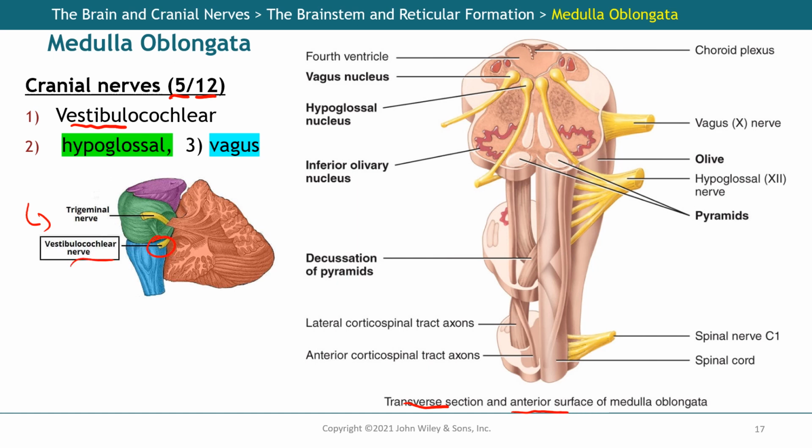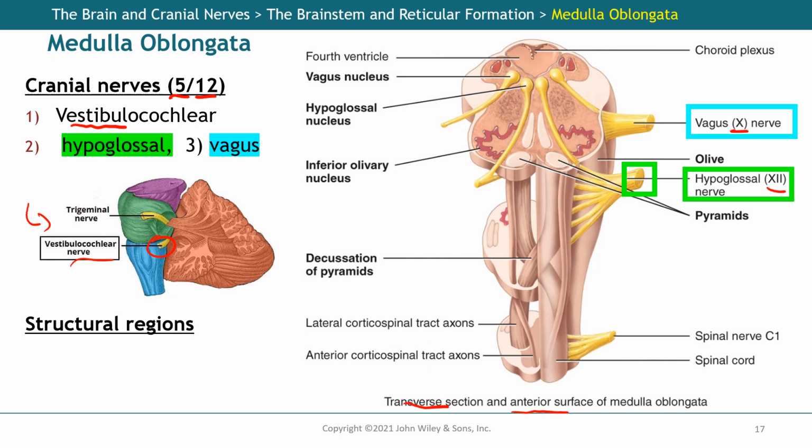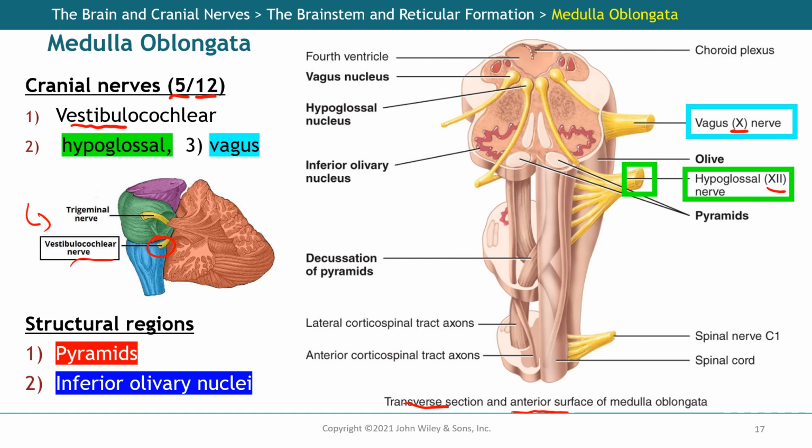However, the hypoglossal is here, that is nerve number 12, and here the vagus nerve is here, number 10. In addition to that, we have several structures here that we can talk about. We're going to focus on two structural regions. The first one will be the pyramids, and the second one will be the inferior olivary nuclei.